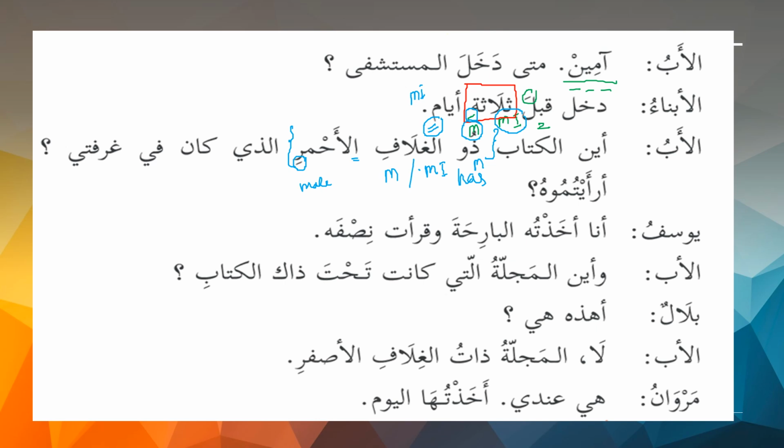Alladhi, and alladhi is mausul used for male singular because the object in question is single male, and that is the book. Kana fi ghurfati means that which was in my room. Was kana the fail nakis, fi ghurfati my room.